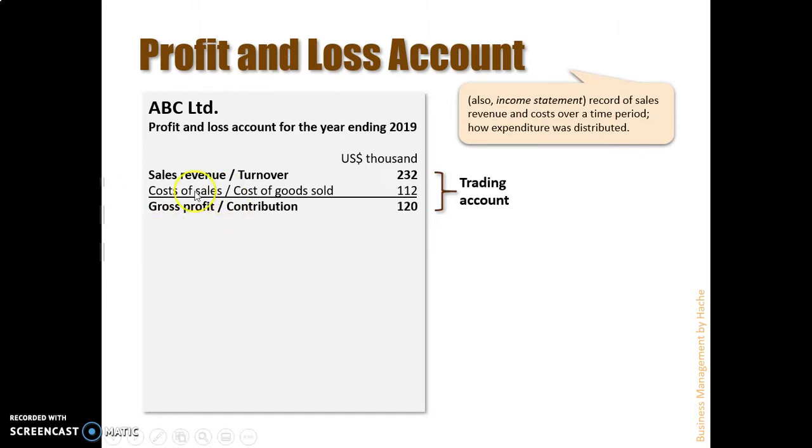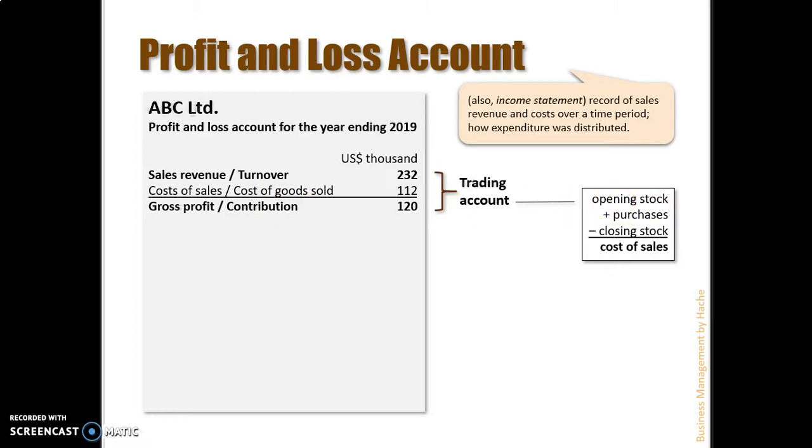Now there is an additional formula to calculate the cost of sales. So if you want to get the cost of sales, you have to take a look at these other values. You have to consider that every year, when you start every single year, there are some products in stock. Okay, so you have to consider the cost of those products, this opening stock.